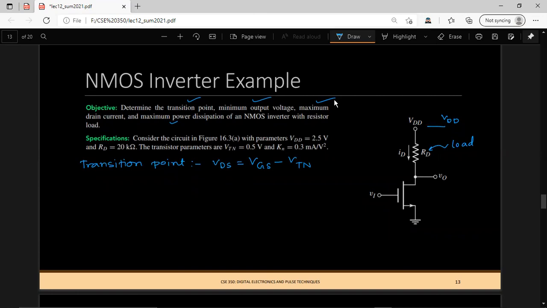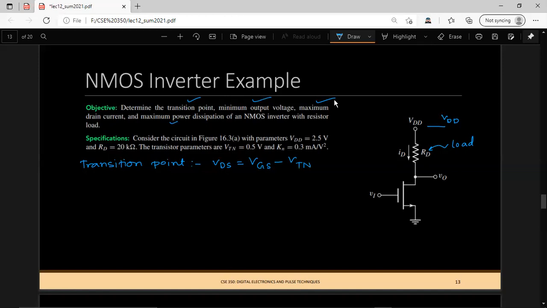Okay, so now when the MOSFET is operating at the transition point, we could consider it as operating in saturation or triode. It doesn't matter. So we will use the saturation mode because the formula for saturation mode is much simpler.